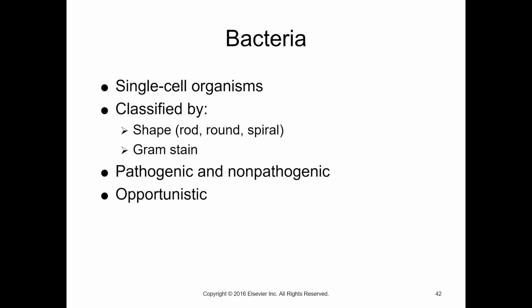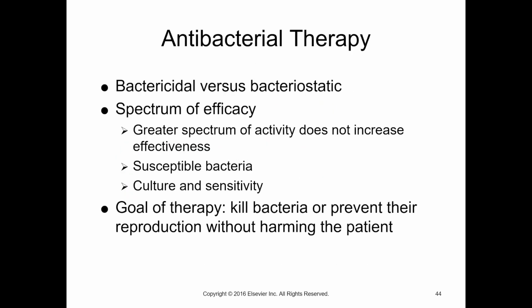The problem with antibacterial therapies is that they typically are not very specific. You can have narrow spectrum treatments. Narrow spectrum treatments only affect certain types of bacteria, and that can be based on certain factors like proteins in the cell wall, the ribosomes, etc. Another concept to remember is bactericidal versus bacteriostatic.